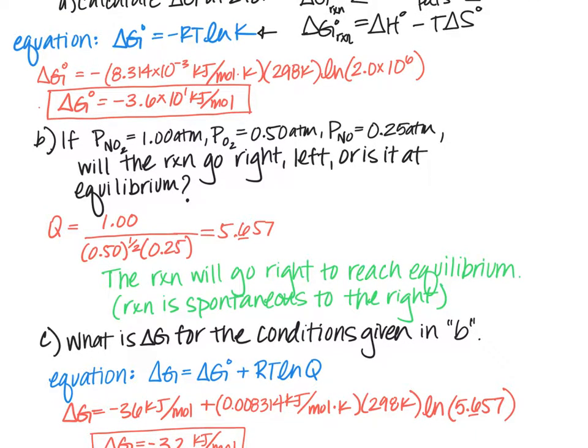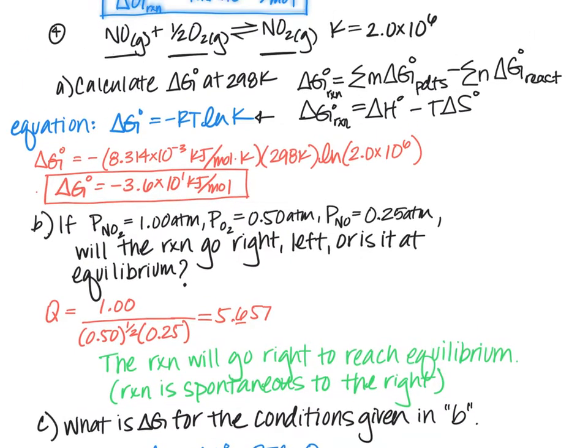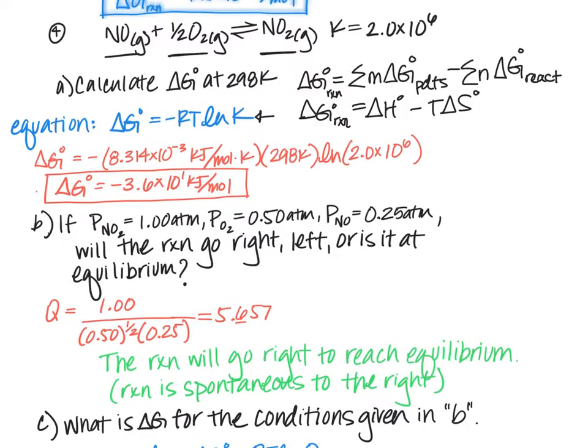If the pressure of nitrogen dioxide is equal to 1 atmosphere, pressure of oxygen is equal to 0.5 atmosphere, and the pressure of nitrogen monoxide is equal to 0.25 atmosphere, will the reaction go right, left, or is it at equilibrium? Great.